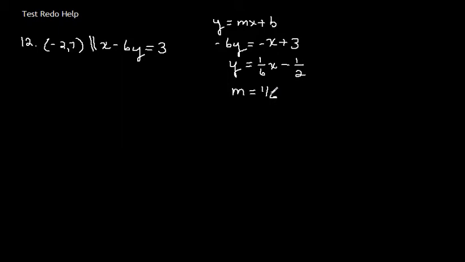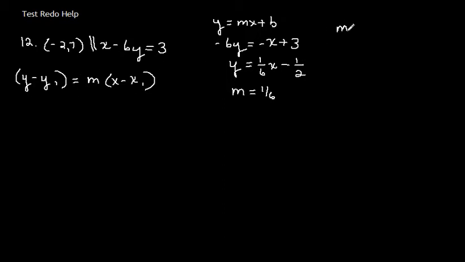So we want a line that goes through this point but is parallel to this line. So we're going to use the point slope formula, because you can see here we have a point and this is a slope. The point slope formula is y minus y1 equals m times x minus x1. This needs to be memorized and very familiar.